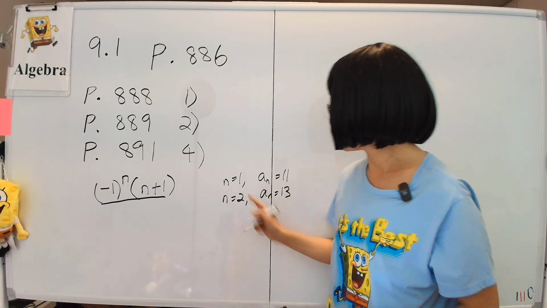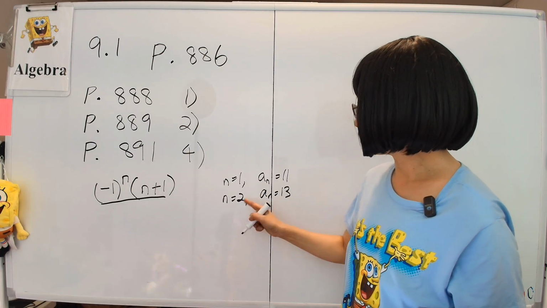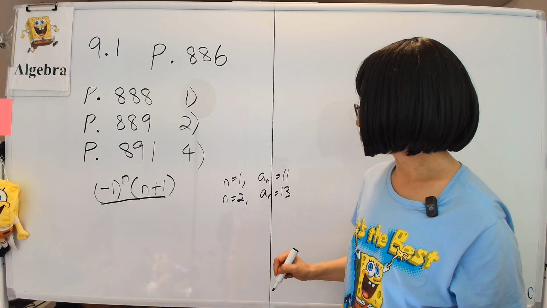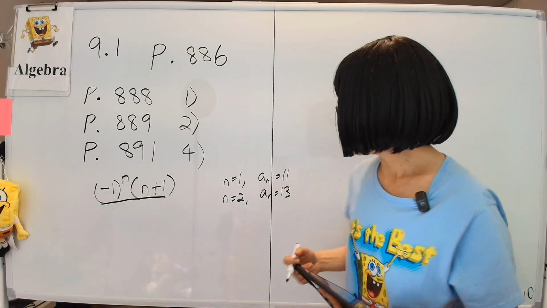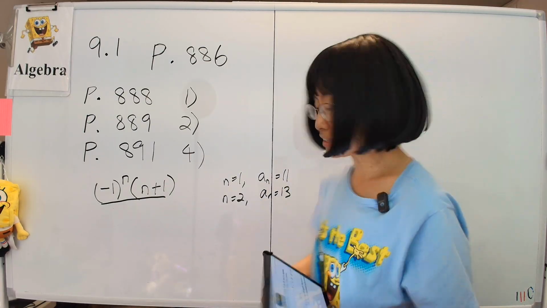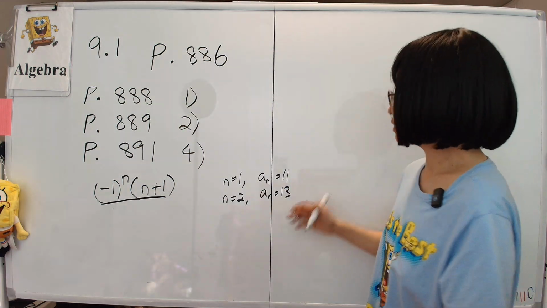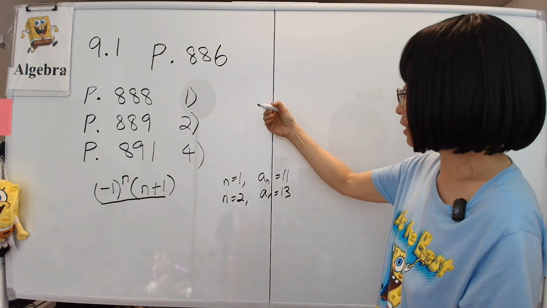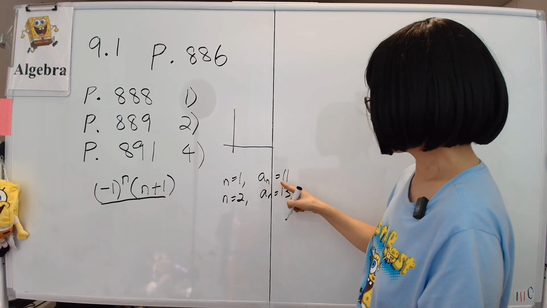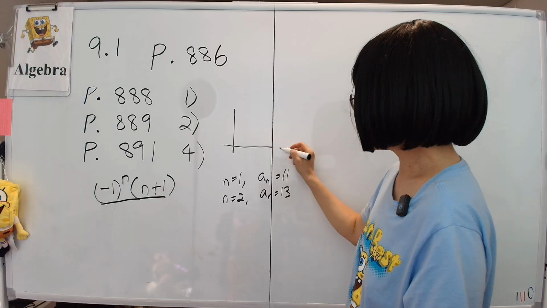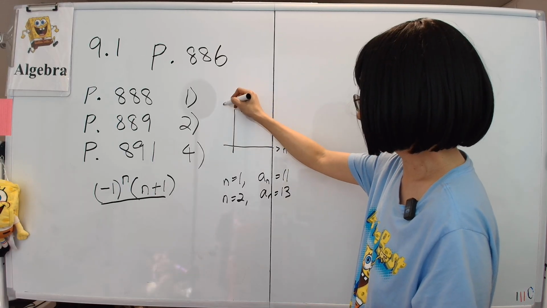So how will we go about getting a formula for this? All right, I'll just go ahead and explain this the standard way. This is the same as a point on the graph, where this goes in the direction of n, and this is the direction of an.